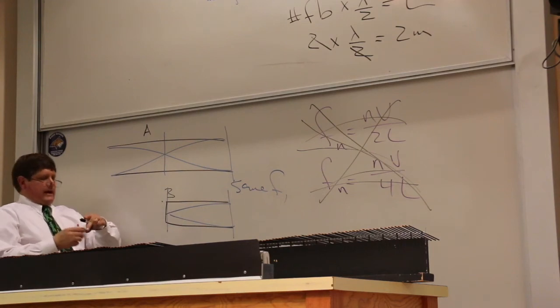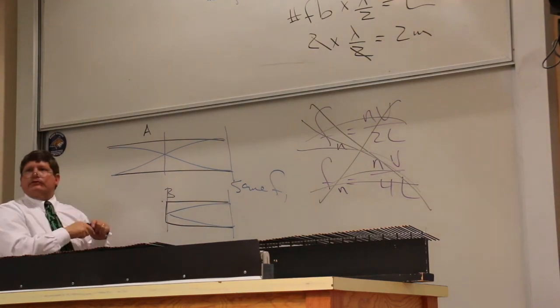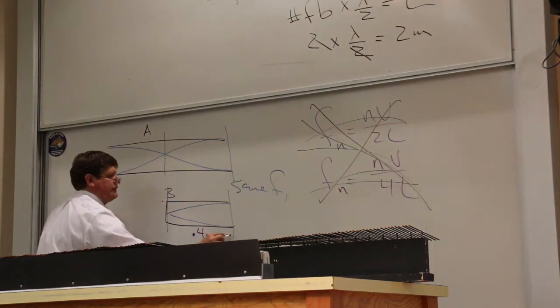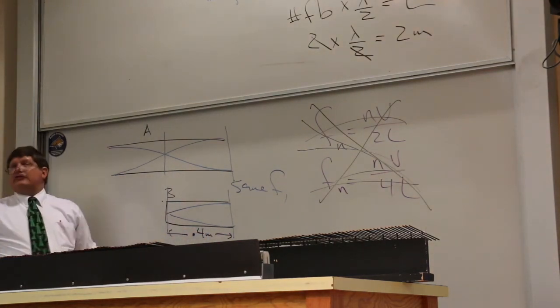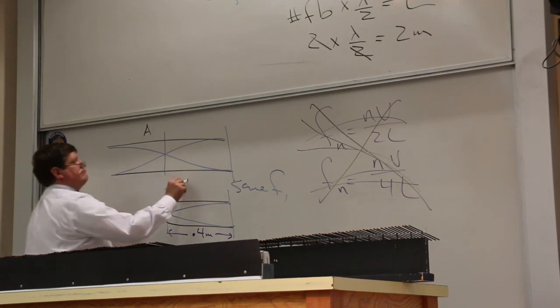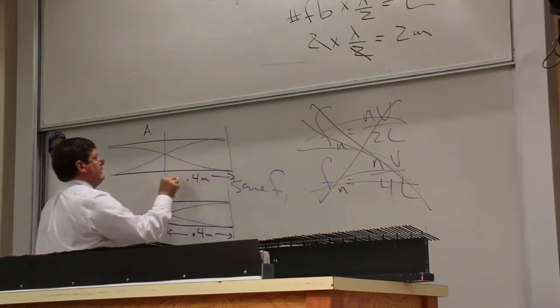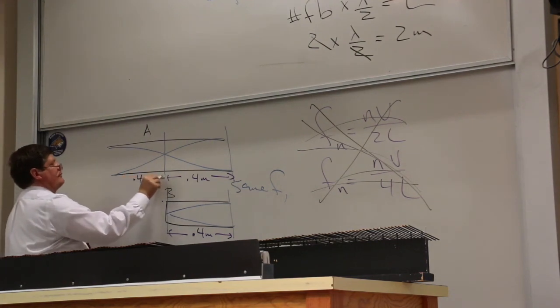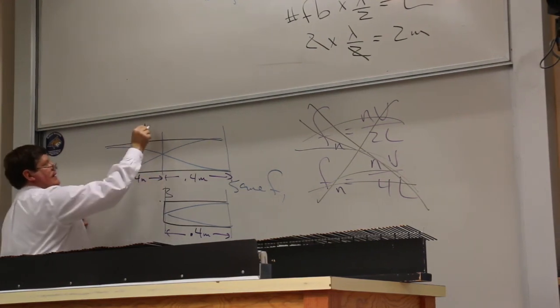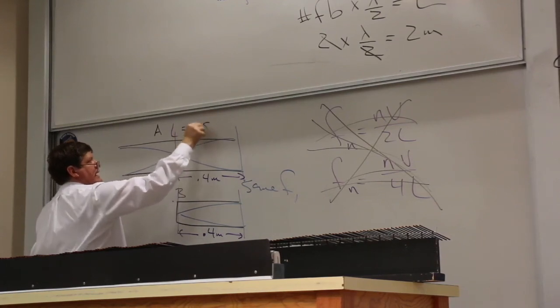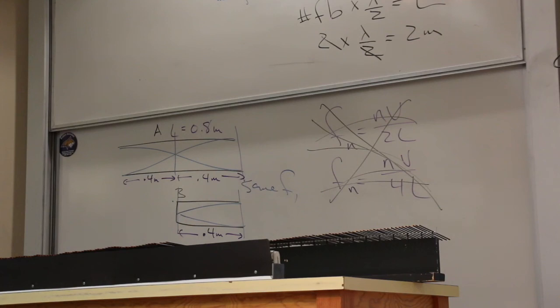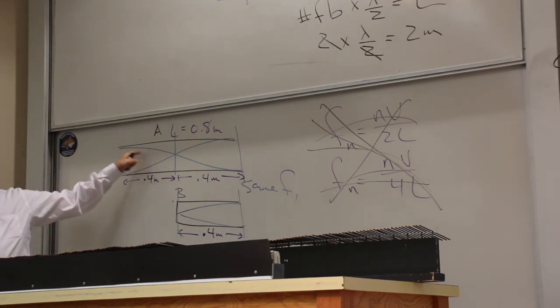Now, you were told in that problem that tube B, the one that was closed, had a length of 0.4 meters. Well, that's the size of half a football, if I'm playing that note. And so this would also be 0.4 meters, which means that A has to have a length of 0.8 meters. It would have to be twice as long. It's got the same note, same size footballs, it's just got twice as many footballs.